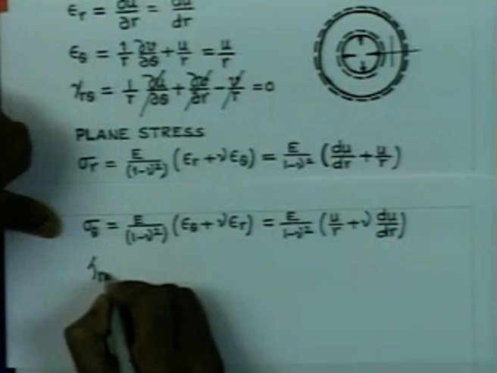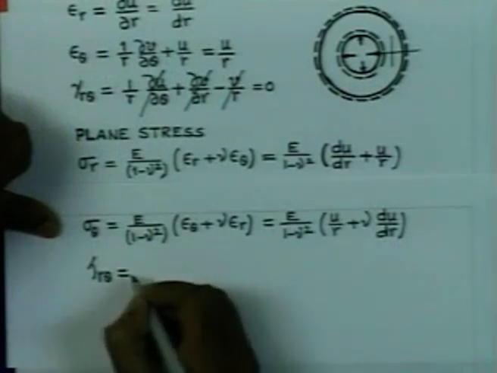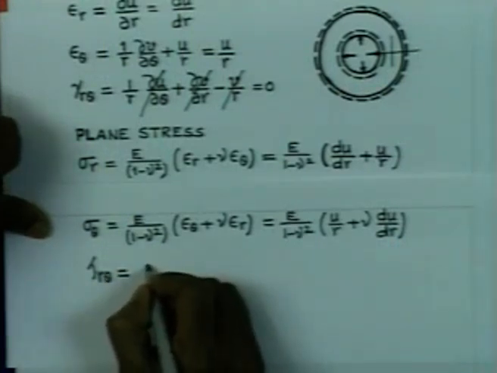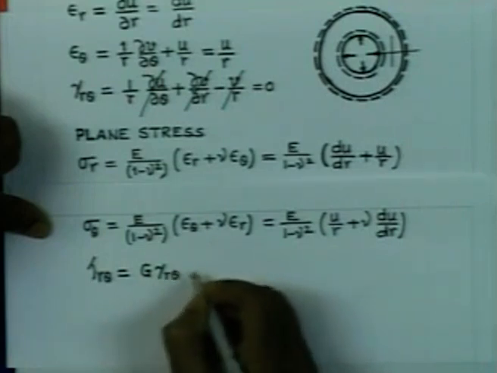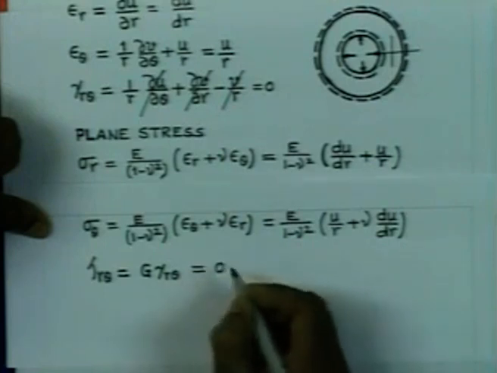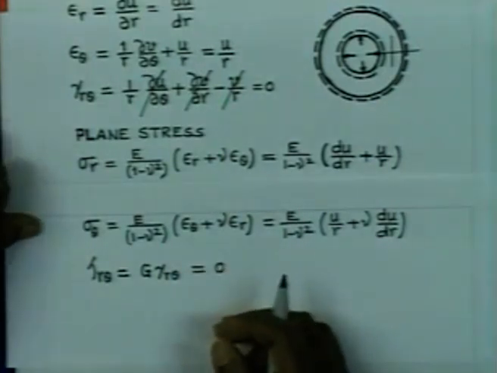Now, the shear stress tau r theta is equal to the modulus of rigidity G multiplied by the shear strain gamma r theta. Since gamma r theta is 0, this shear stress is 0. So, the two non-zero stresses at any point on the wall are sigma r and sigma theta. Now, how do we determine these two stresses?